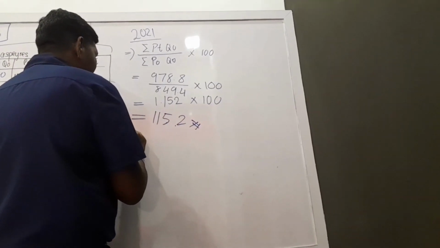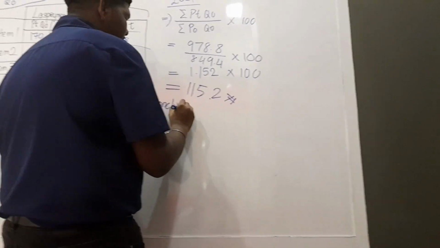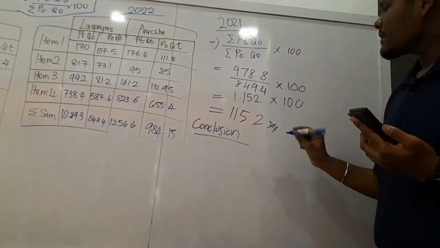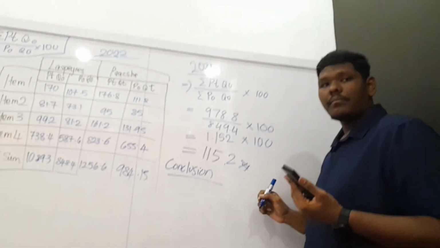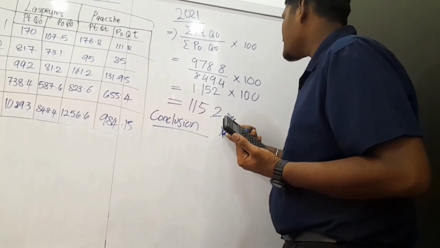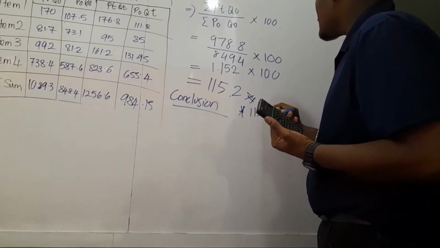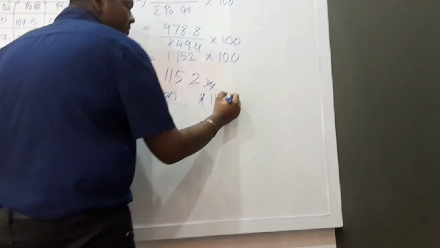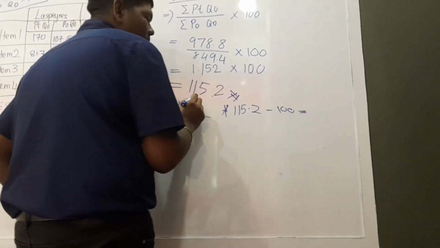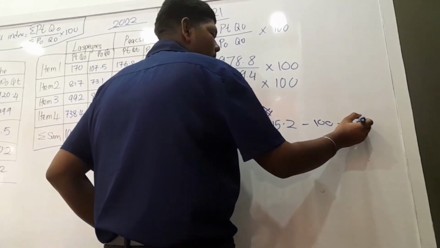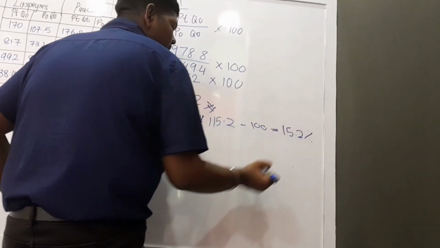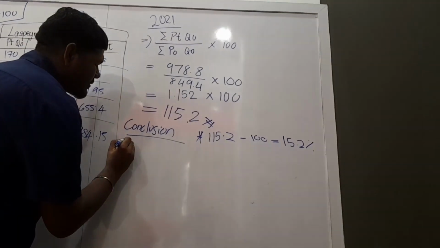Now let's write the conclusion. As usual, for the conclusion you have to write in percentage. So if you want the answer in percentage, you have to minus the answer with 100, which equals 15.2. So let's write the conclusion.